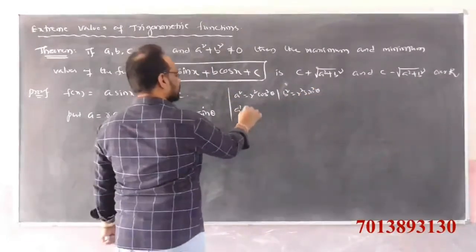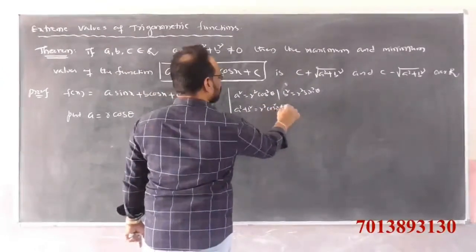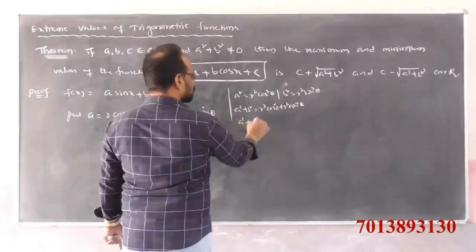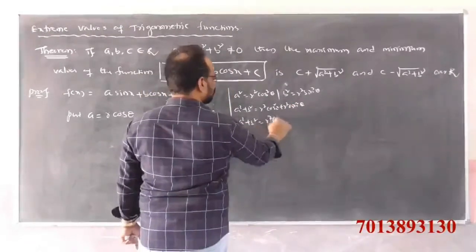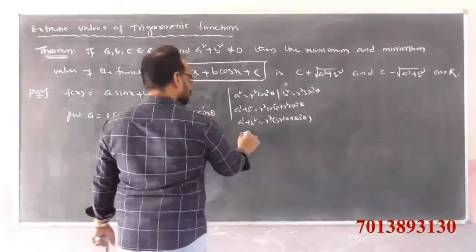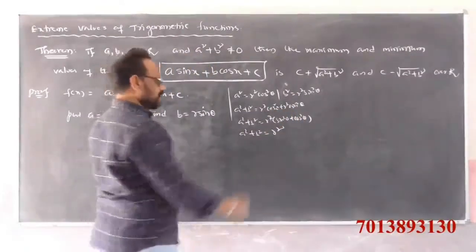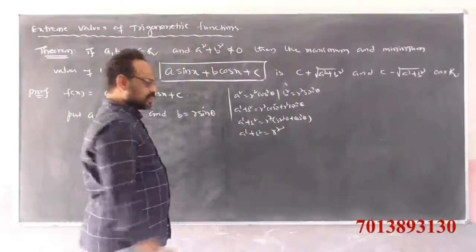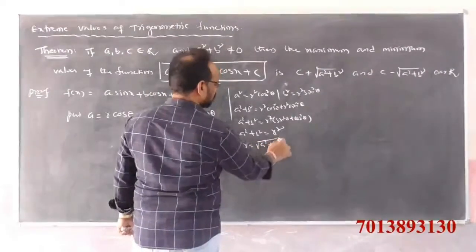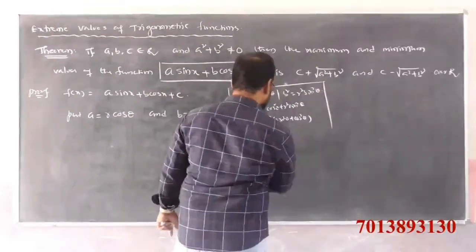If you add these, a square plus b square equals R square cos square theta plus R square sin square theta, that is R square into sin square theta plus cos square theta. Clearly sin square theta plus cos square theta is 1, so we get R square. R is nothing but the square root of a square plus b square.